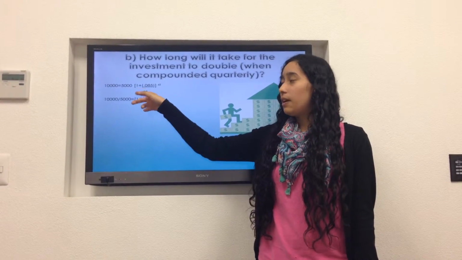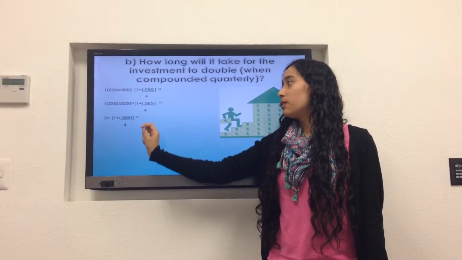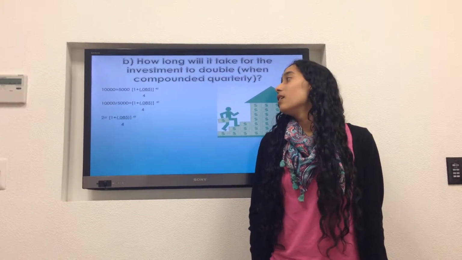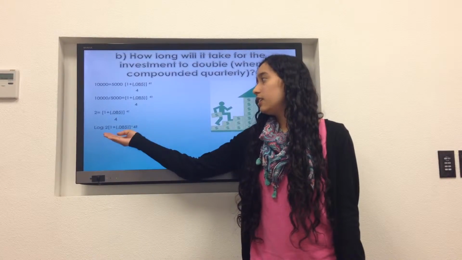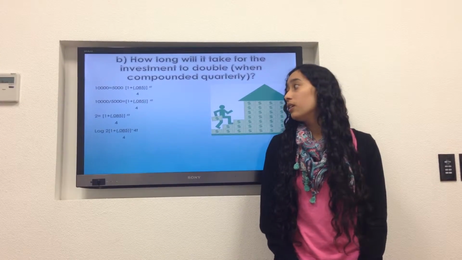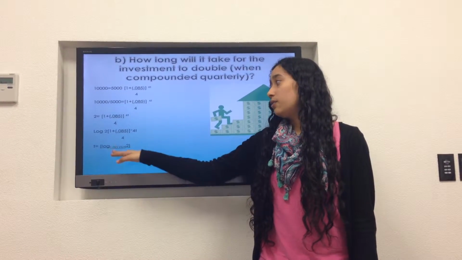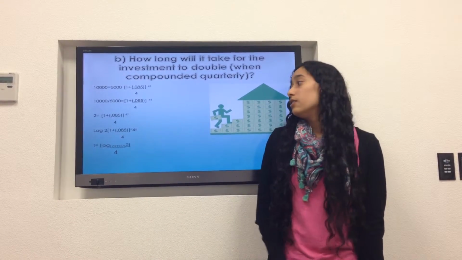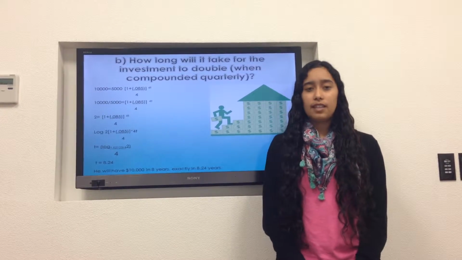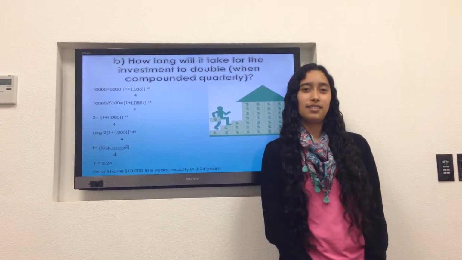Then we pass the 5,000 that is multiplying, dividing to the other side, and it's 2 equals (1 plus 0.085 over 4) all raised to 4t. Taking logarithm base 2 of (1 plus 0.085 over 4) equals 4t. Now we pass the 4 dividing, and we solve it in a calculator. So the result will be 8.24 years. So he will have $10,000 in 8 years, exactly in 8.24 years.